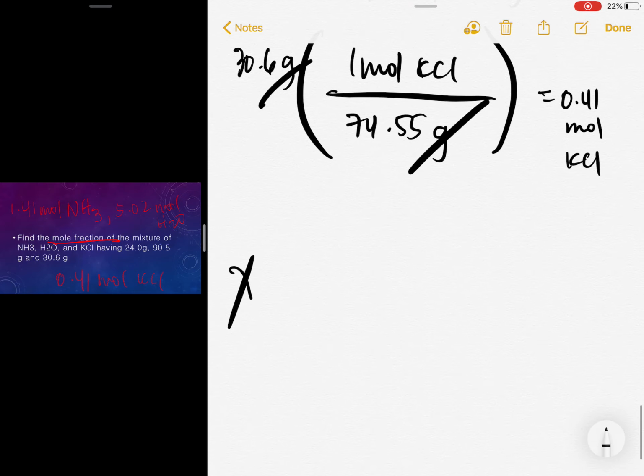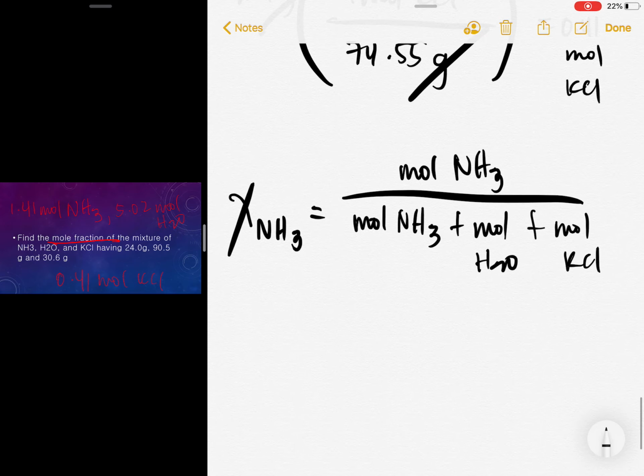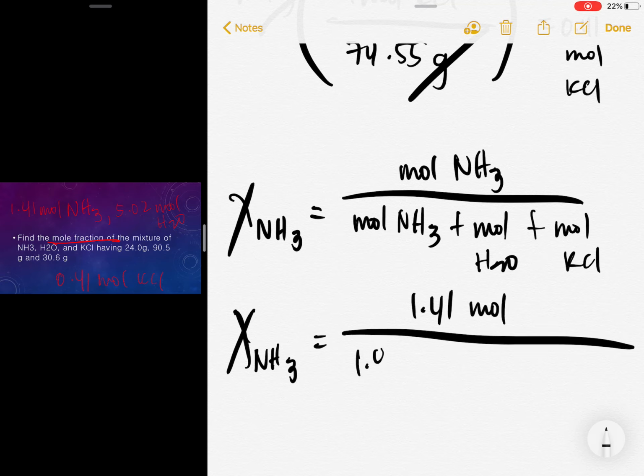So, let's first solve for the mole fraction of ammonia. So, the formula is mole of ammonia over the mole of ammonia plus the mole of water plus the mole of potassium chloride. Okay? Substitute the values. The mole fraction of ammonia is equal to 1.41 mole over 1.41 mole plus 5.02 mole plus 0.41 mole.